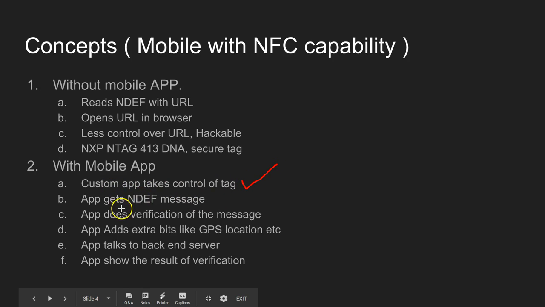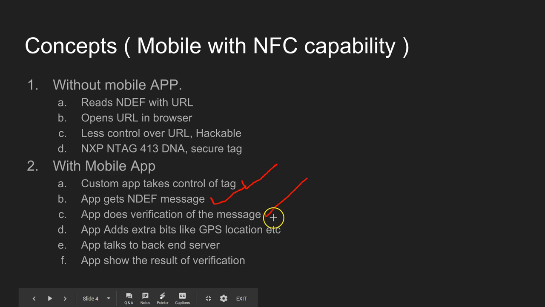Your custom app first gets the NDEF message that is on the tag, and your app can verify the message within the app itself. So probably you might have data in an encrypted format on the tag, and you can try to decrypt it and make sure it's a valid tag.